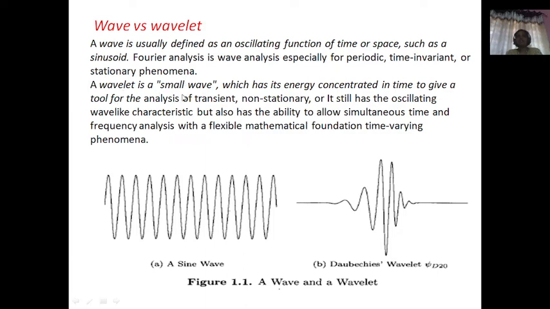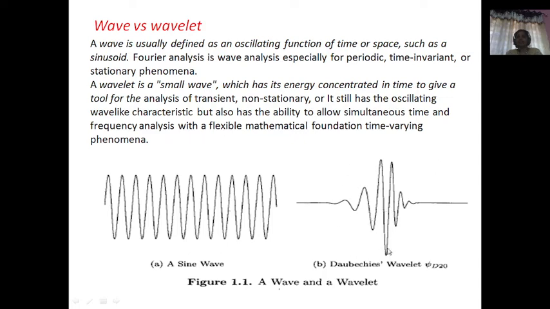A wavelet is a small wave which has its energy concentrated in time to give a tool for the analysis of transient, non-stationary phenomena. It still has the oscillating wave-like character but also has the ability to allow simultaneous time and frequency analysis. With a flexible mathematical foundation, time varying phenomena can be observed with a wavelet.